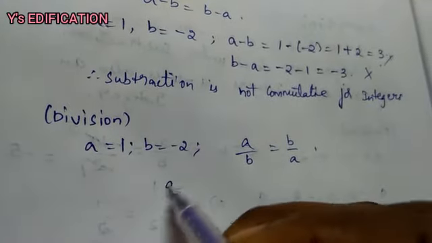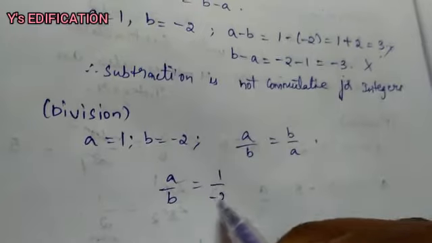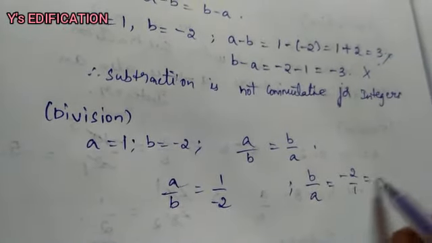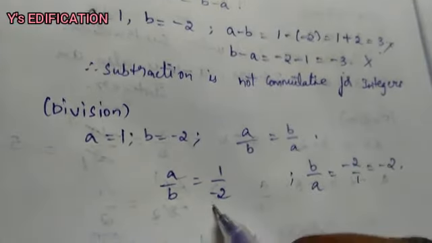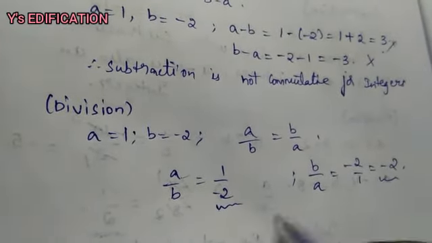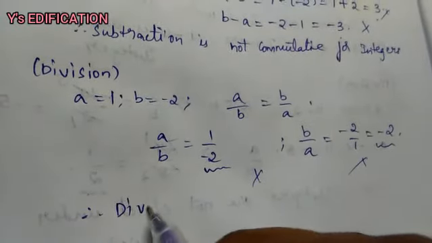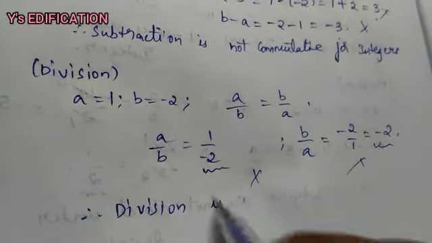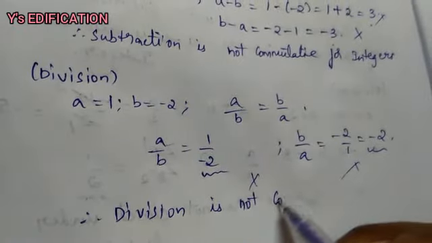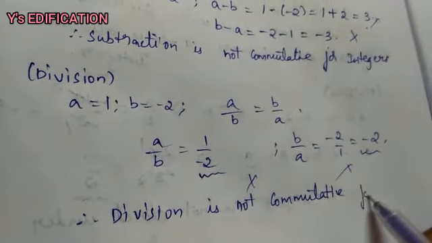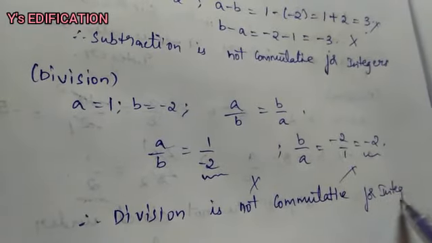So what is a by b? 1 by minus 2, that is minus 1 by 2. What is b by a? Minus 2 by 1, that is minus 2. Both are not equal. So in this case, division is not commutative for integers.